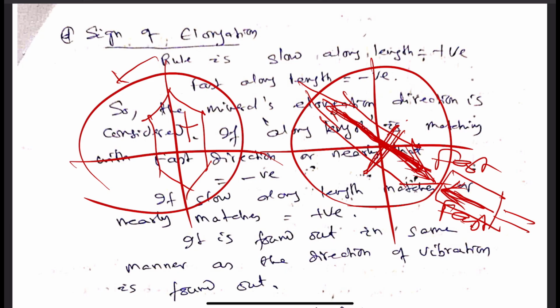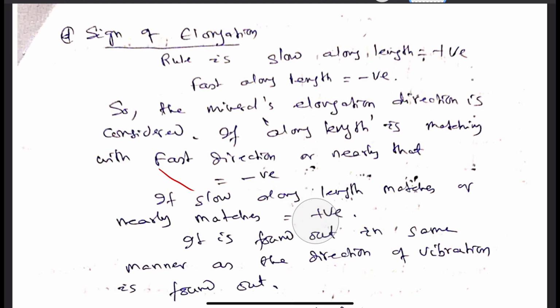If it is determined that the length is fast: length slow positive, length fast negative. That is the rule. Slow along length is positive, fast along length is negative.